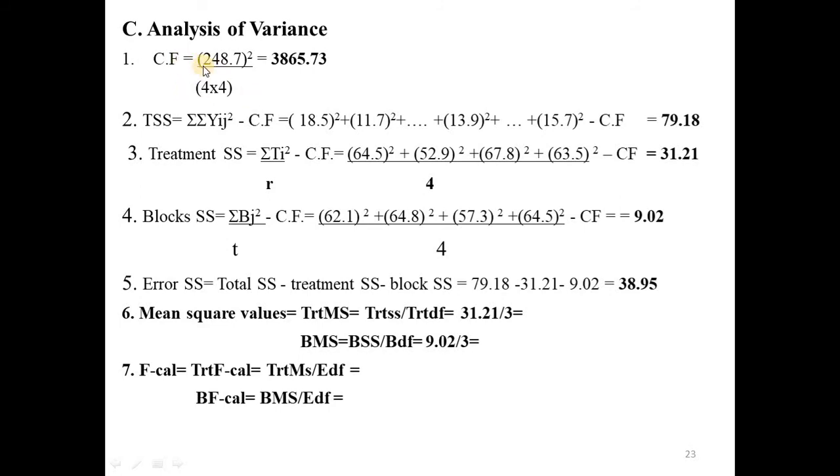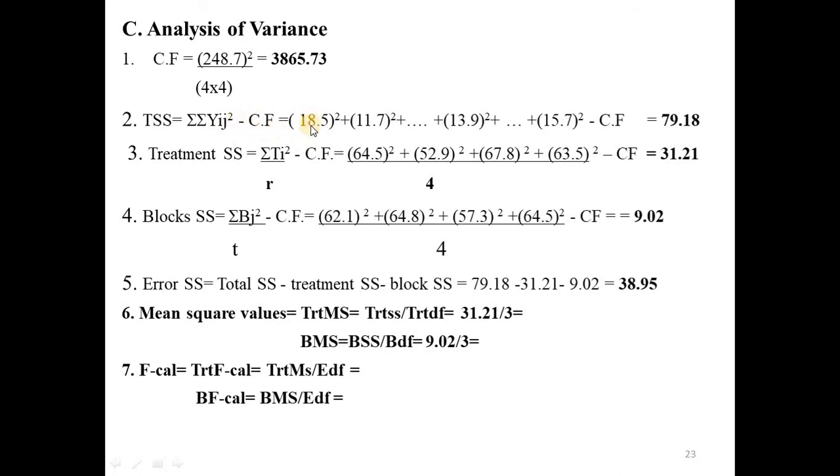CF is calculated by squaring the grand total with corrected values divided by n, so CF will be this one. Total SS is calculated by squaring all observations and summing up, and then subtracting the correction factor.